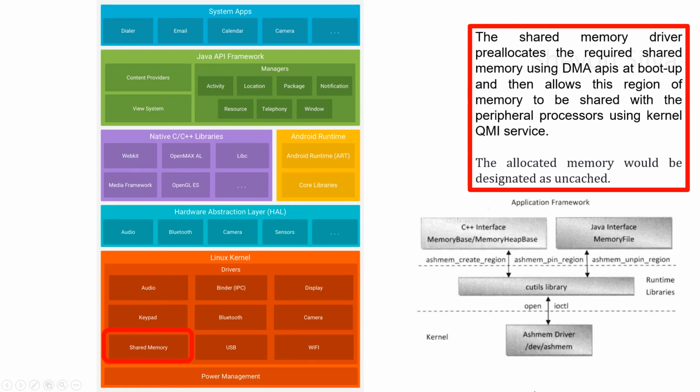Here we can see the application framework. At the bottom is the kernel layer, which is the anonymous shared memory driver we will introduce, and it creates a device file of /dev/ashmem at startup.